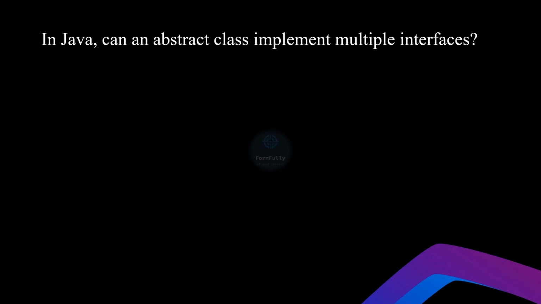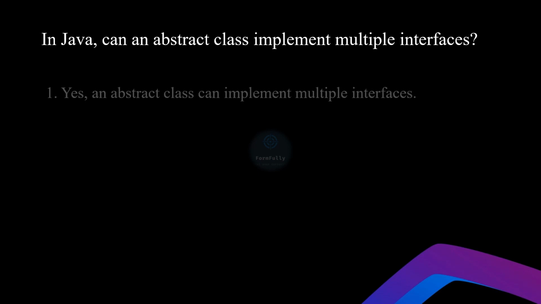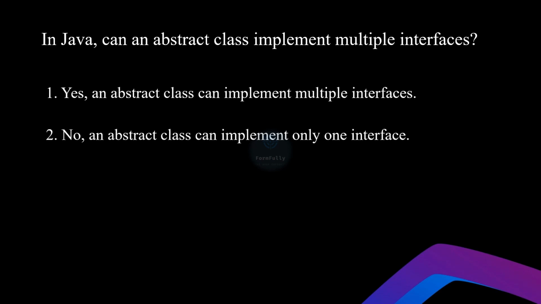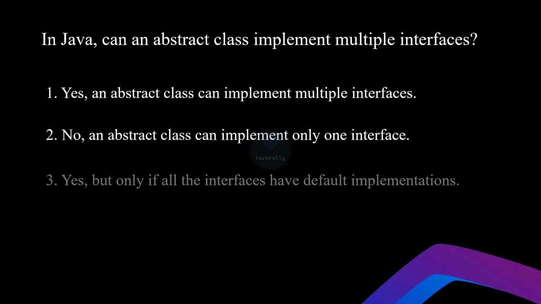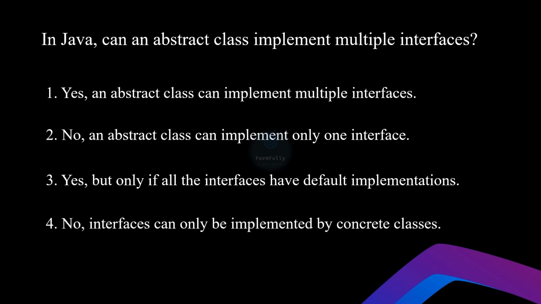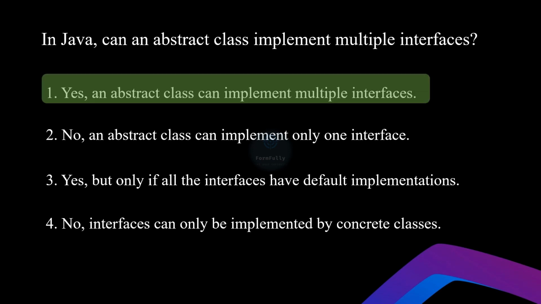Next question. In Java, can an abstract class implement multiple interfaces? Options: yes, an abstract class can implement multiple interfaces; no, an abstract class can implement only one interface; yes, but only if all interfaces have default implementation; no, interfaces can only be implemented by concrete classes. Here option A is correct, as an abstract class in Java can implement multiple interfaces.